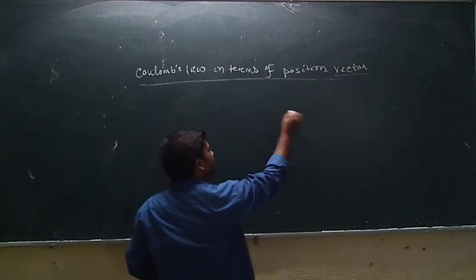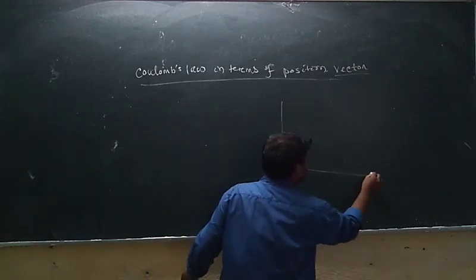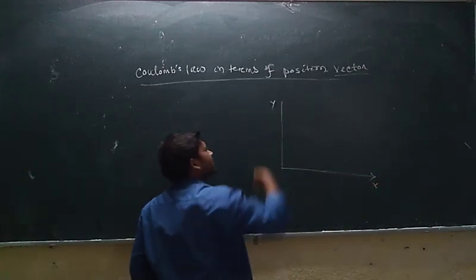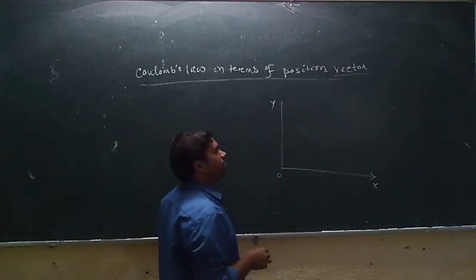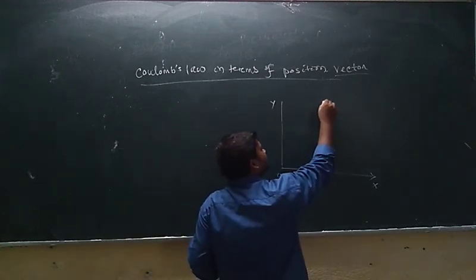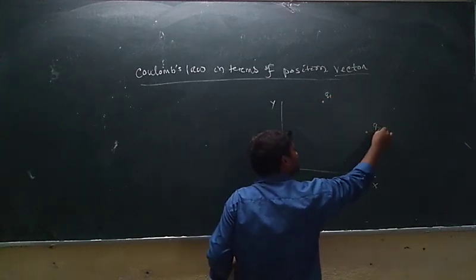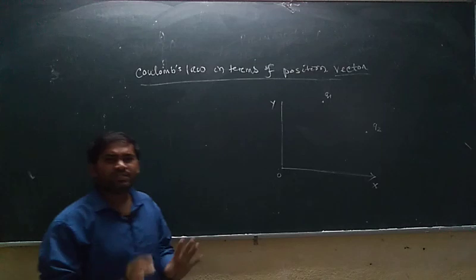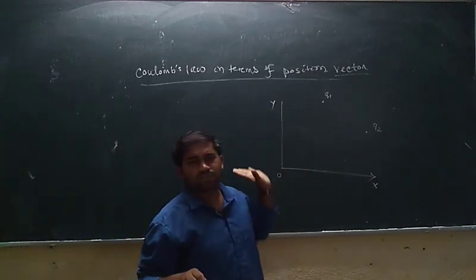In the x, y coordinate system, suppose the origin is O and we place two point charges, one is q1 and another is q2, in the plane XY.